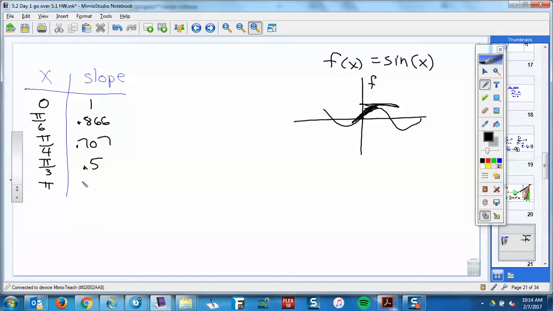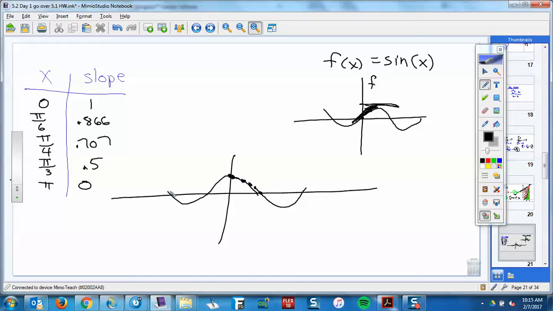And then let's go up to pi, and of course that's easy. The slope is 0. And then we said, let's plot those. So we go 0, 1, then pi over 6, we got 0.866, we got 0.707, then we got 0.5, then we got 0. We plot it. What did we get? And remember how cool that was? We're like, oh my God, you're kidding me. The cosine y values are the slopes of the sine curve. And that's exactly right.